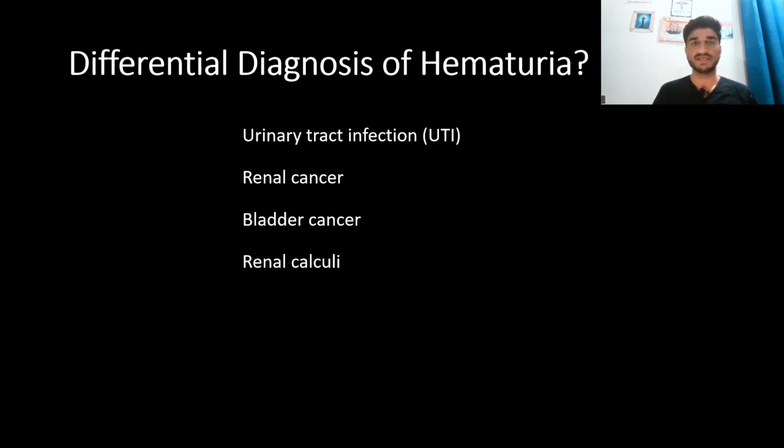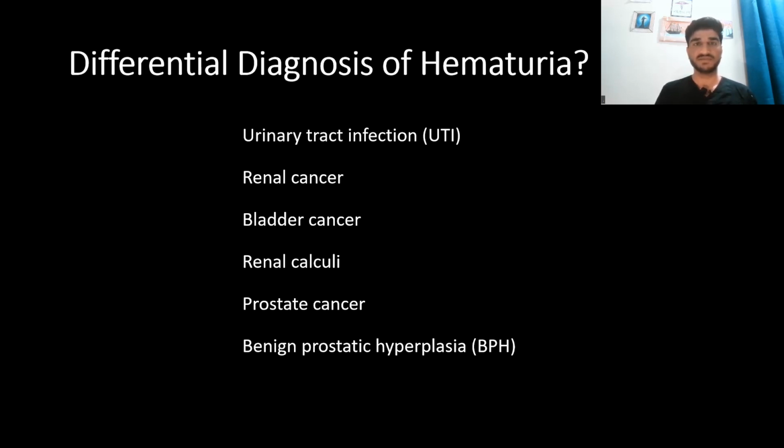Renal calculi or nephrolithiasis, that is kidney stones, also cause hematuria. Prostate cancer can also cause bleeding in the urine. And BPH, that is hyperplasia of the prostate, causes hematuria while urinating.